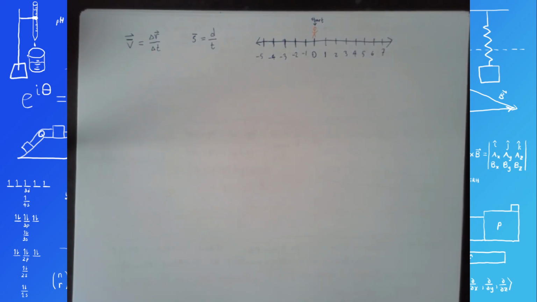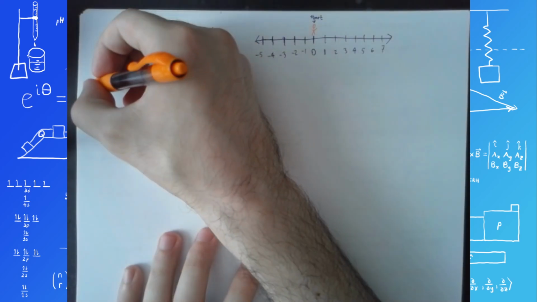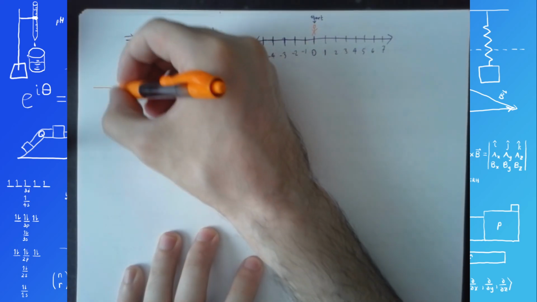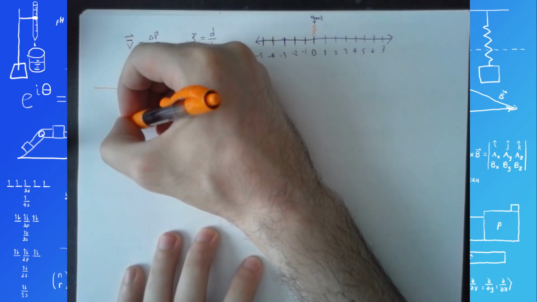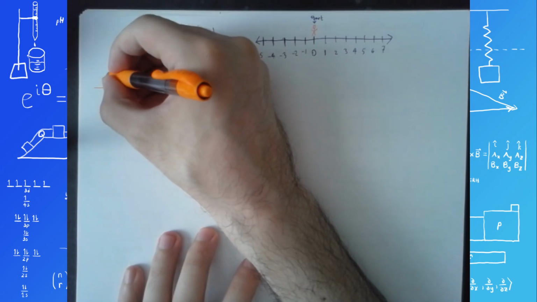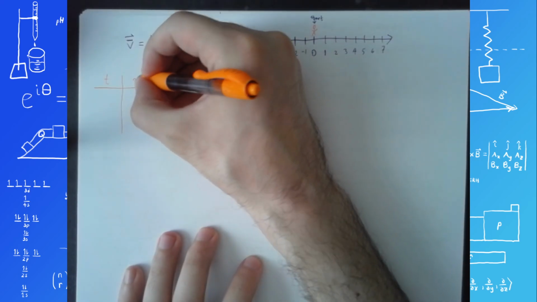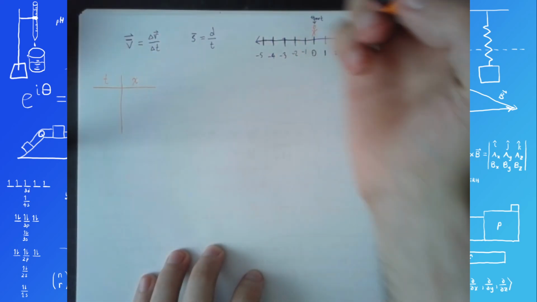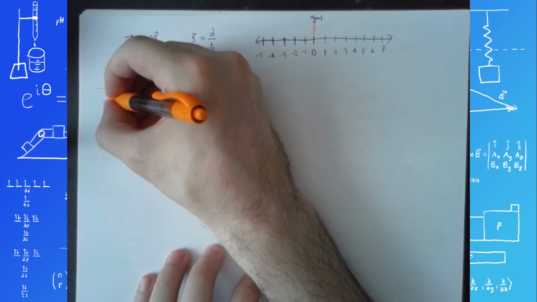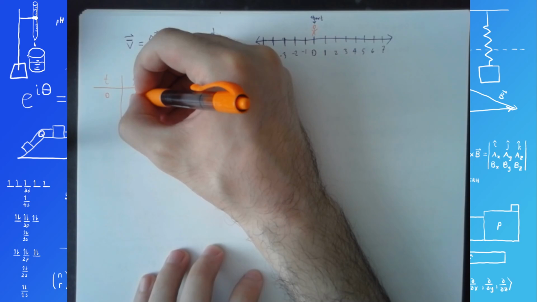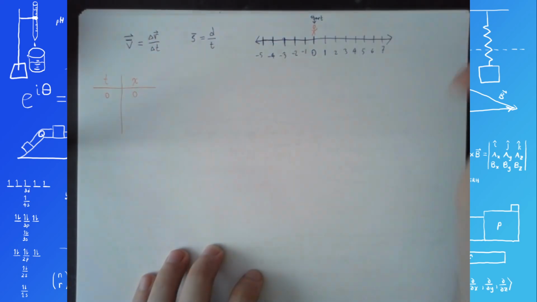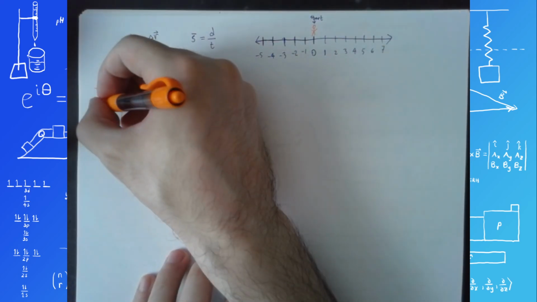And let's say I have a stopwatch timer and I write down their location in a table at different times. So here's going to be time and here's going to be position. So I start the stopwatch at 0 seconds, and at time 0 they are at position 0. They're at the starting location.